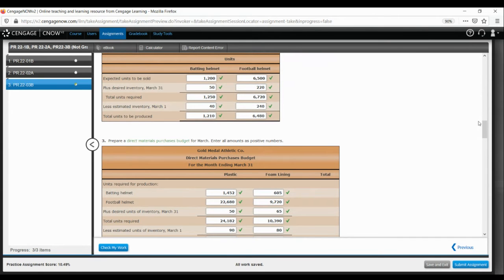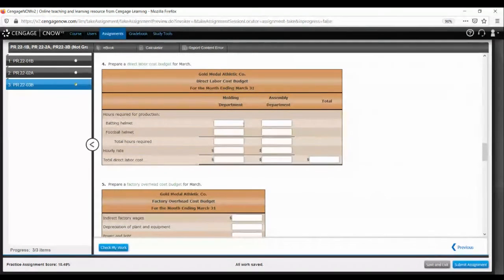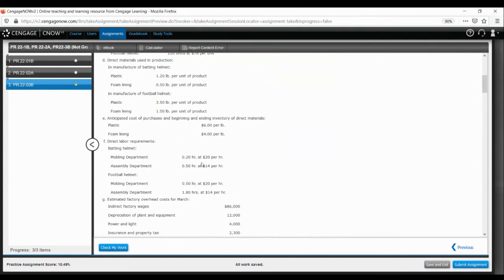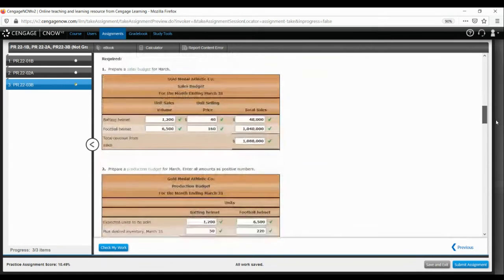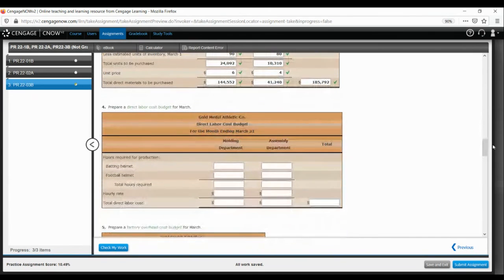And then we're going to multiply 1210 by the time it takes for the molding department, which is 20 parts of 1 hour that came from Part F. Right here's where it's telling you that there are 20 parts of 1 hour. So 20% times 1210 is going to give you 242 hours.